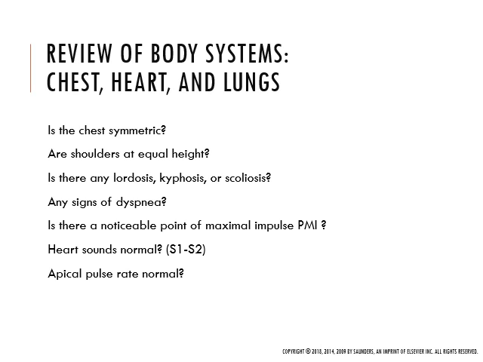Is there any lordosis, kyphosis, or scoliosis? Any signs of dyspnea? Is there any noticeable point of maximal impulse or PMI? I'll talk more about that when we're in lab 2. Are the heart sounds normal, S1 and S2? Is the apical pulse rate normal? And apical, we're going to listen to apical for one full minute.